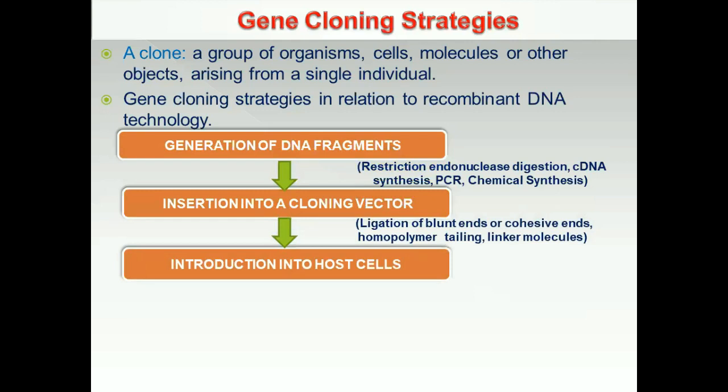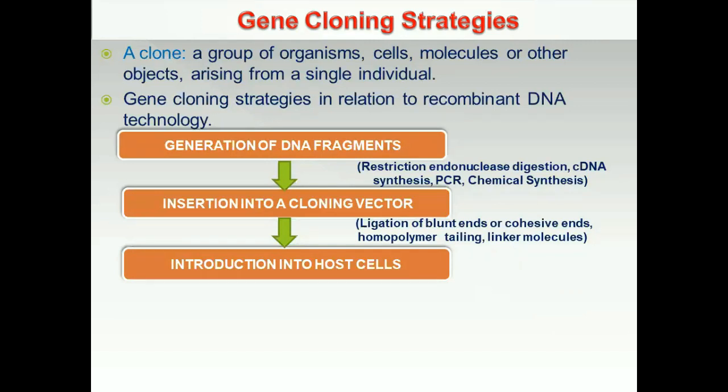Now after insertion, there is the ligation of the blunt ends, cohesive ends, homopolymer tailing, and the linker molecules. We'll get into detail on what homopolymer tailing is and what a linker molecule is.